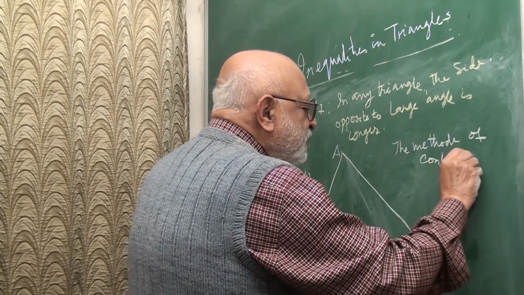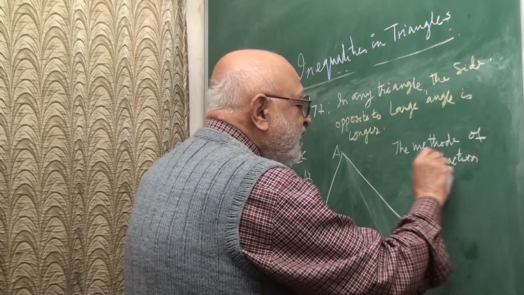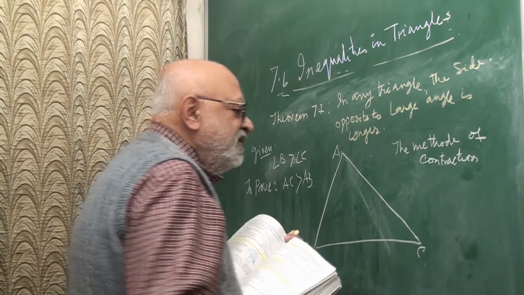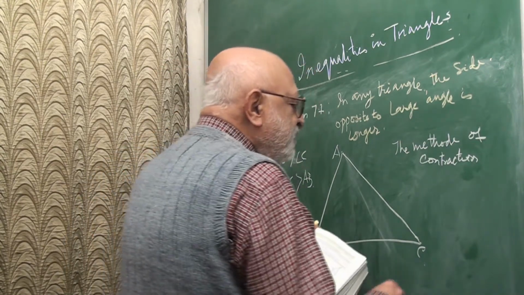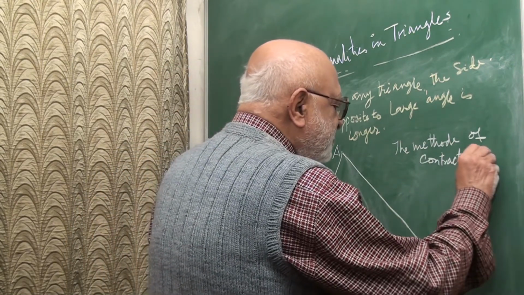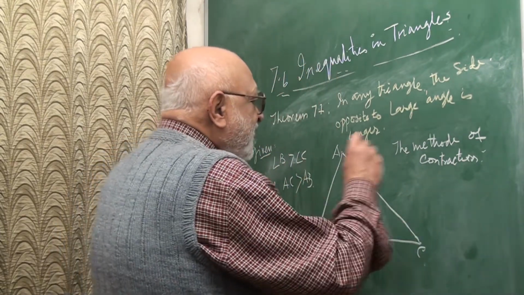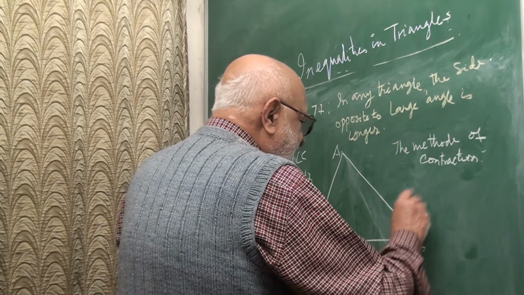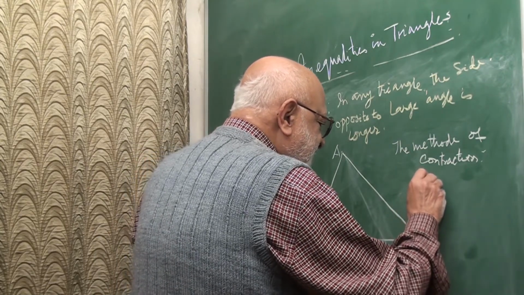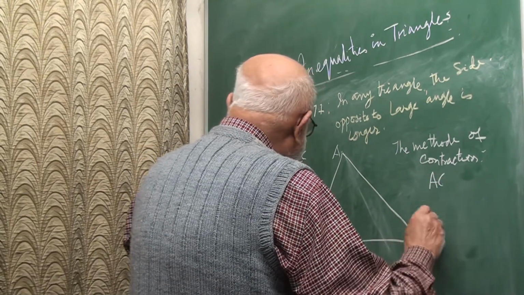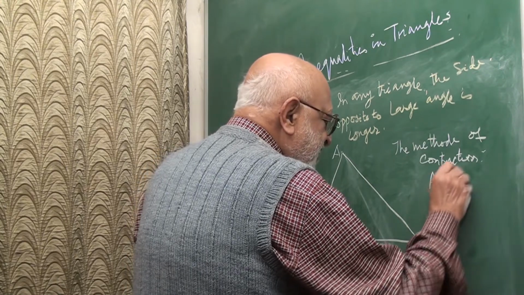Say you assume certain things and you say which one is correct and which one is not, falling into that. The method of contradiction. So what we'll do, if AC is given, we have to prove AC is greater than AB, right?